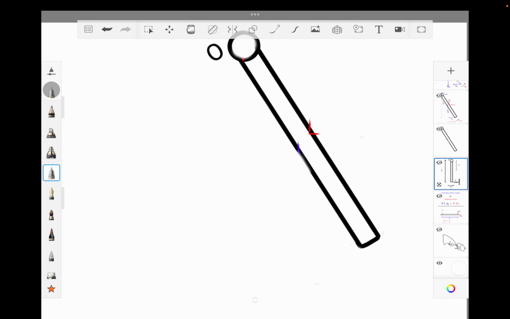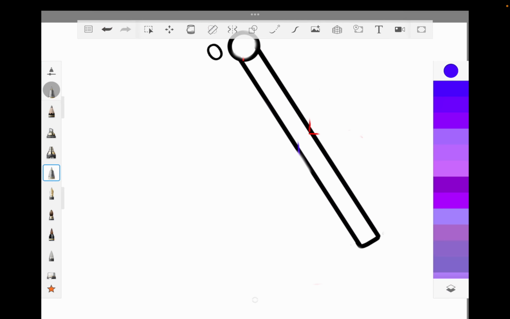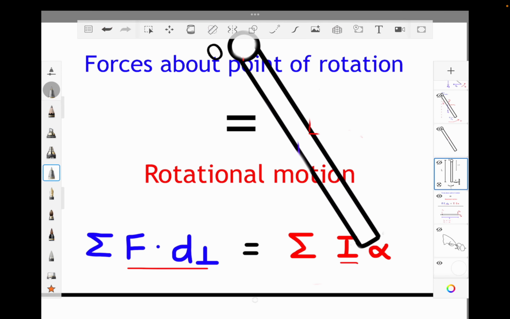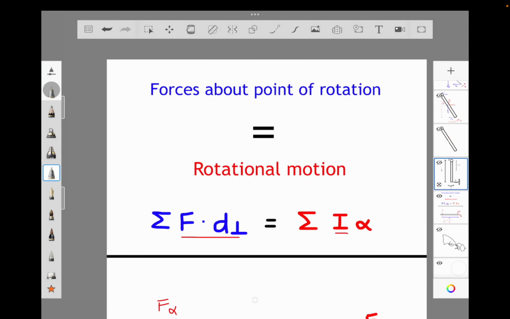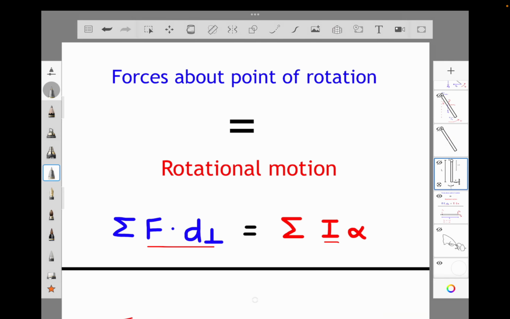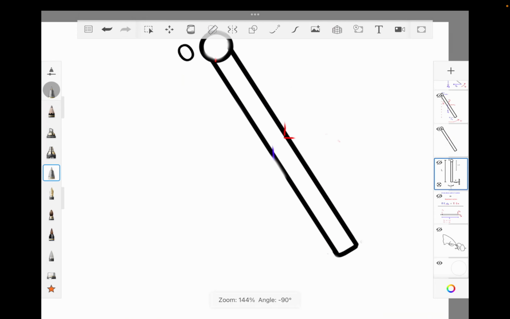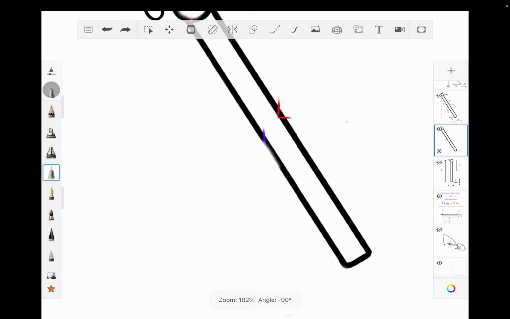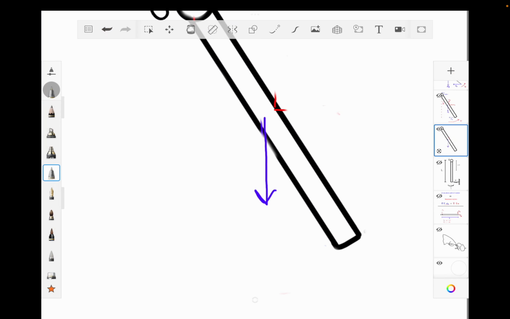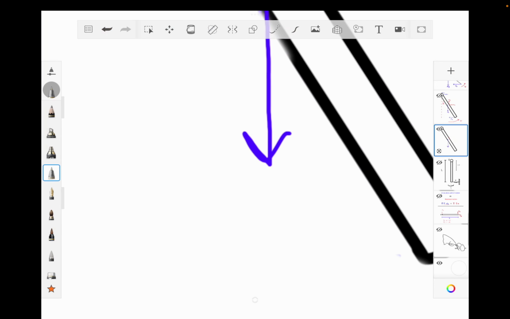So we know that there's gravity acting on the object, and I'm going to be using blue as our forces and red as our inertia. So there's gravity acting on the object. We know that from the point of the center of gravity. Simple enough. And it's pointing down, so I'll call that mg.